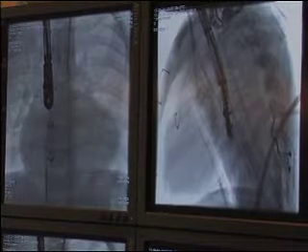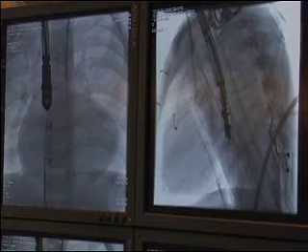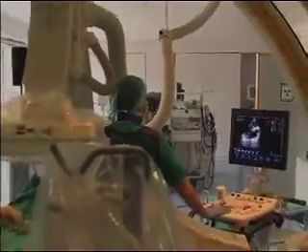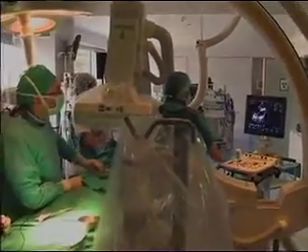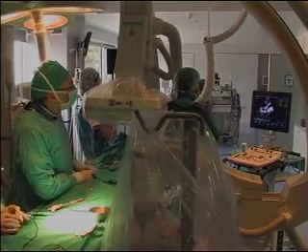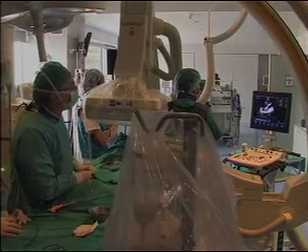These are the fluoroscopy images. At the same time, we are looking at the echo images. I'll show you the echo images. I guess you see there the color in the inferior ASD.